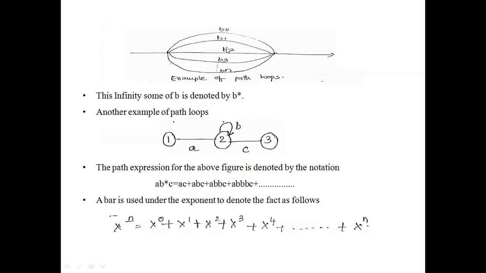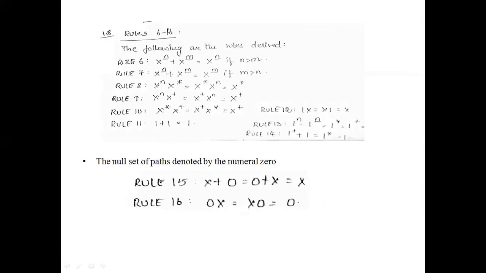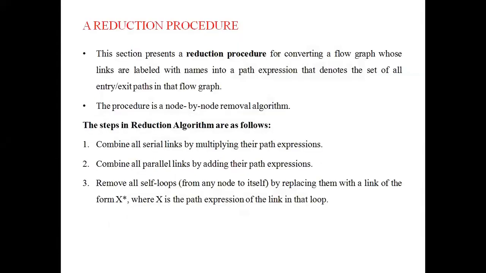See here, these loops are called the parallel links, and AC is the serial links. So first of all, when you are performing a reduction procedure, you need to identify what are the serial links and what are the parallel links. When you identify serial links, you need to multiply the two links.